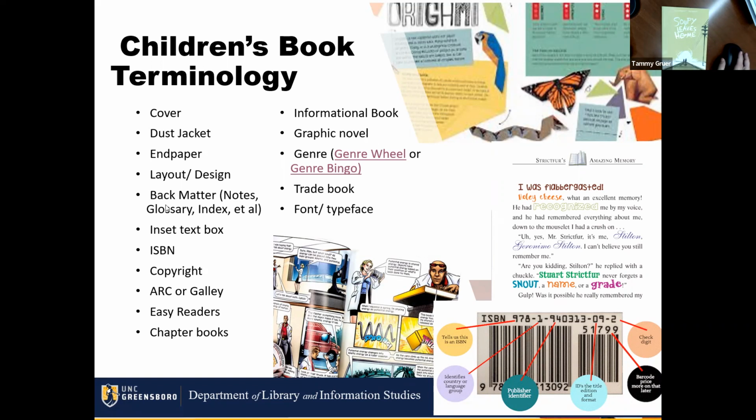The next thing on our list is back matter, those notes or glossary and index. That's all of the stuff at the end of a book. This particular book is pretty neat. It actually gives suggestions of other titles. It shows the illustrator's thought process and storyboards for how they put the book together.